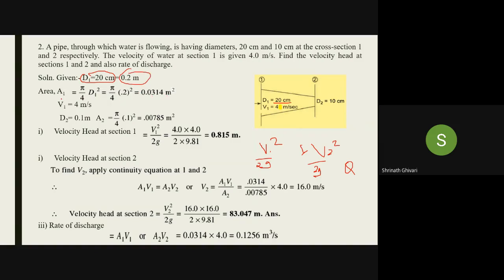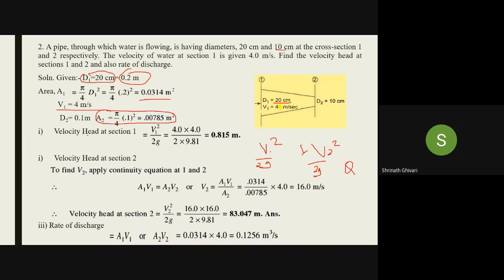We are getting the area for this, pi by 4 d1 square, that is 0.0314 meter square. v1 is 4 meter per second. d2 is 0.1 meter, which is given here as 10 centimeter. Then its area is 0.00785 meter square.